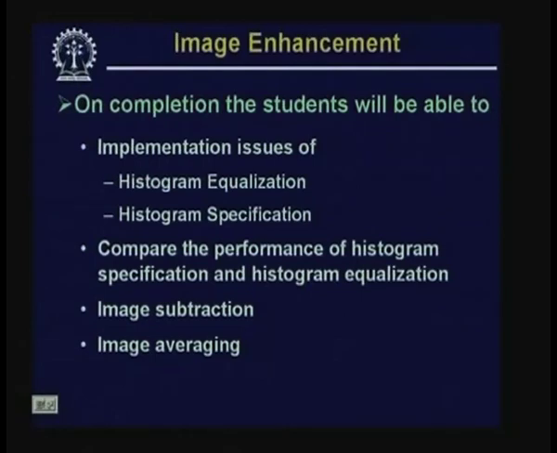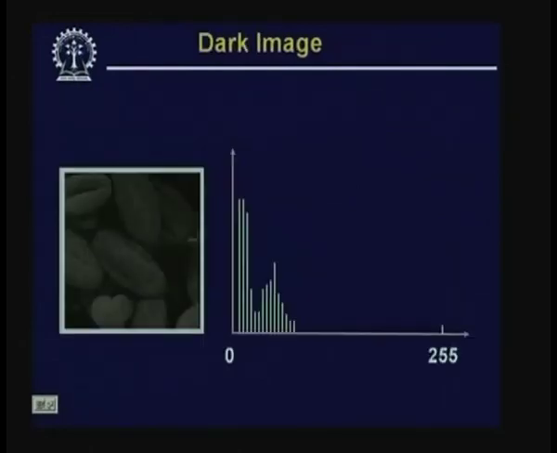Now let us briefly recapitulate what we did in the last class. As we have said, the histogram of an image indicates the global appearance of the image. We have also seen these images in the last class, but for a quick recapitulation, on the left hand side we have shown an image which is very dark, and we call this the dark image.